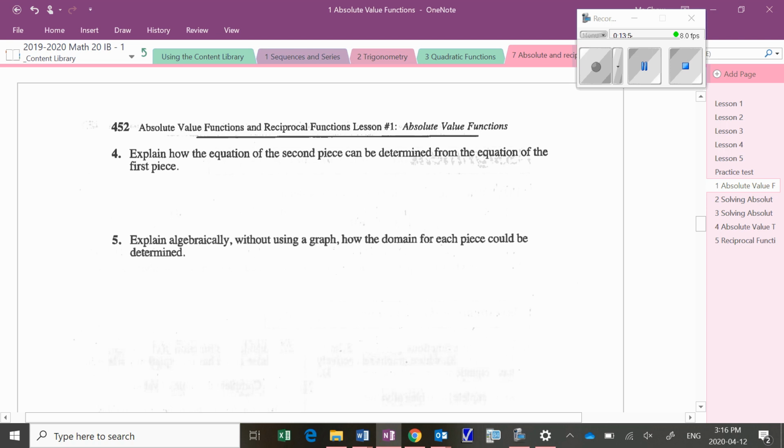So explain how the equation of the second piece can be determined from the equation of the first piece. So the equation of the second piece is simply the negative of the first piece. Okay, so we can basically take the first piece and multiply it by -1.